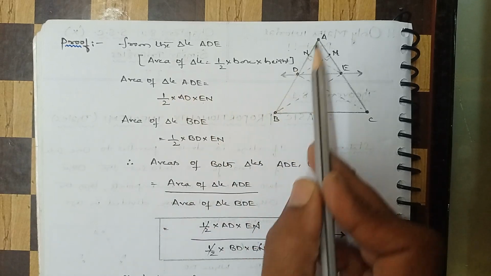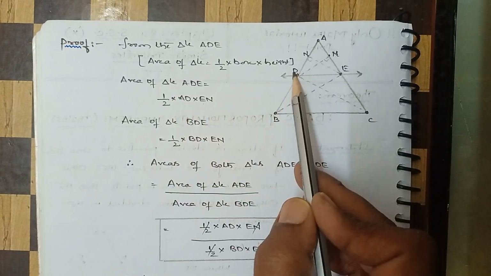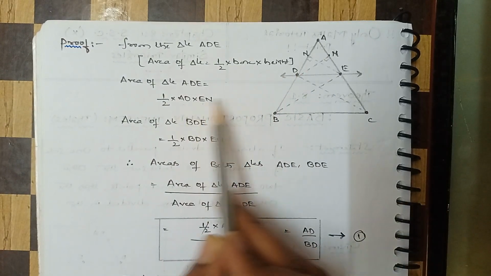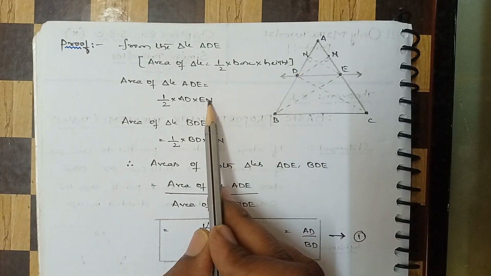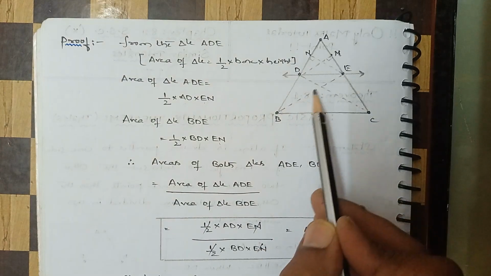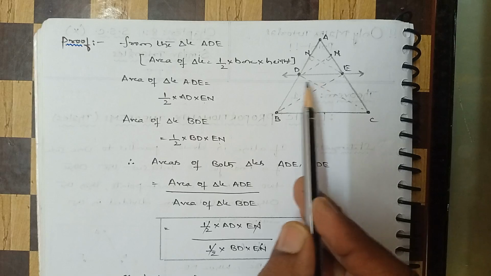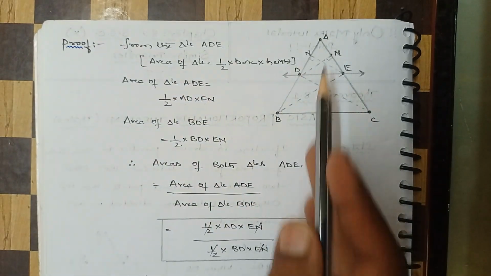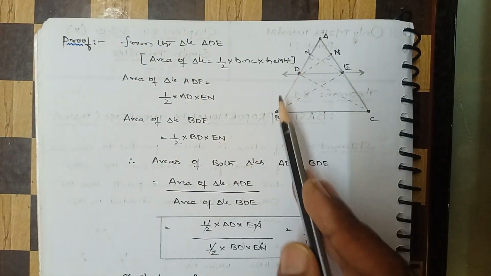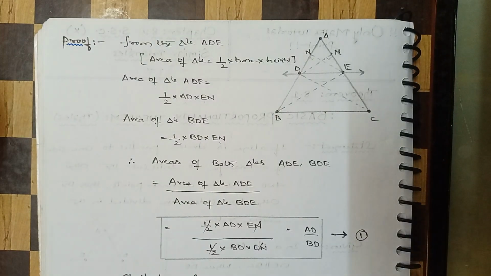From the triangle ADE, half into base AD, and the height is EN. Now again, from the triangle BDE. First we should prove the left part, and later we should prove the right side part. Then we should compare.